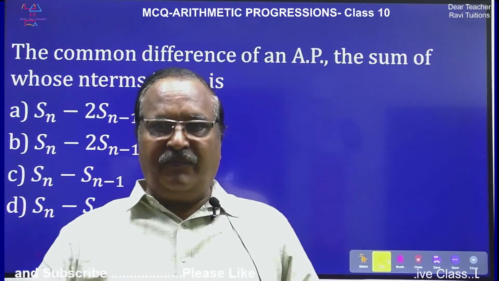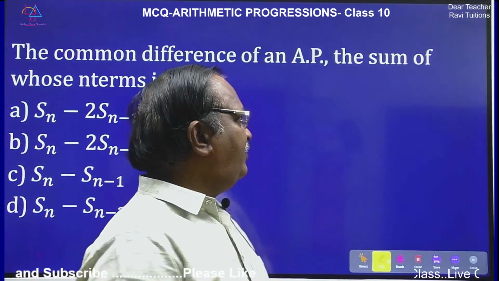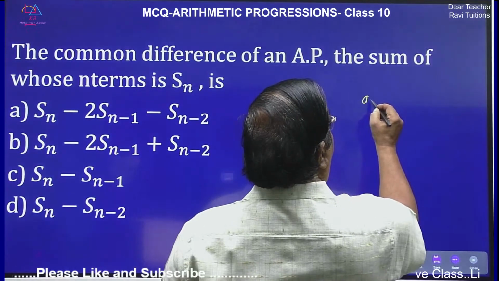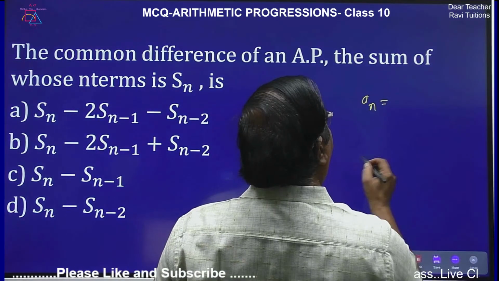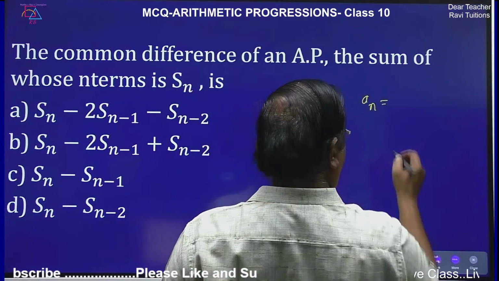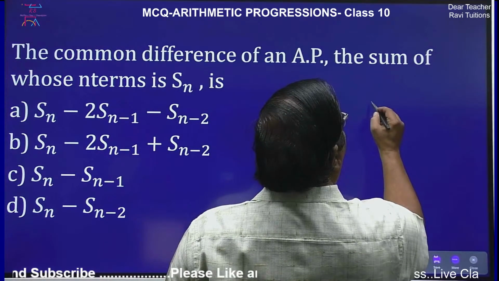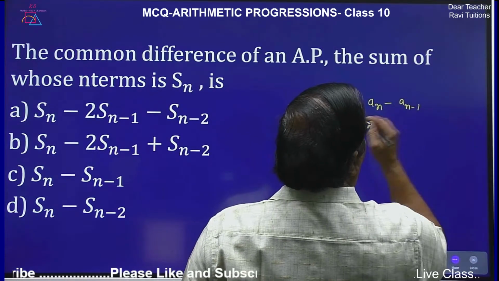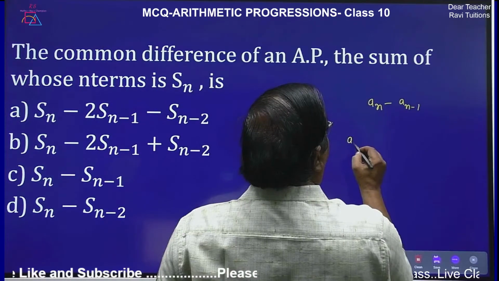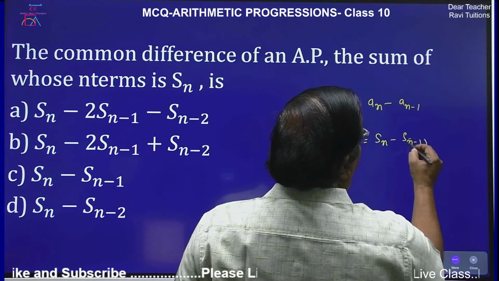So we need to go through the formulas. We have one formula, that is an is equal to Sn minus Sn minus 1.